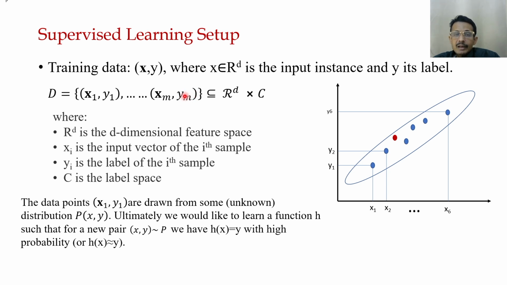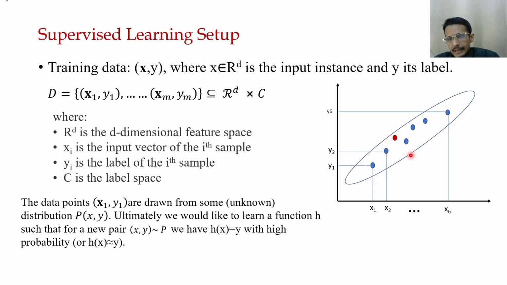This m is the number of data samples. So x comes from the d-dimensional space and y is from the label space. Specifically, R^d is the d-dimensional feature space, xi is the input vector of the ith sample, yi is the label of the ith sample, and C is the label space. It can be visualized with these values.